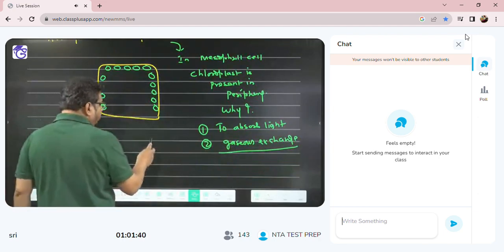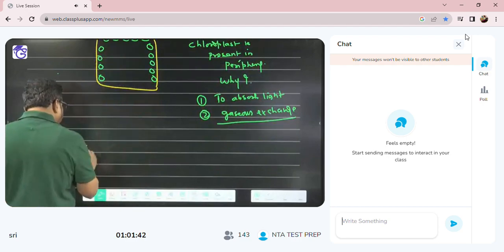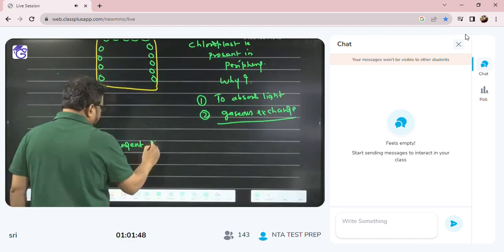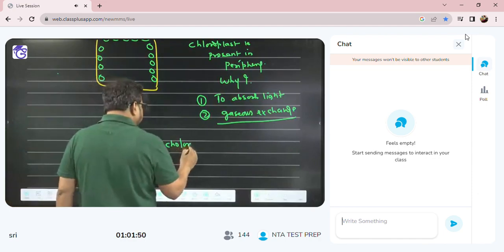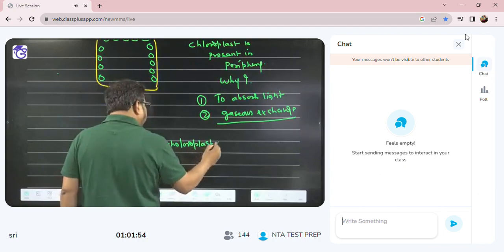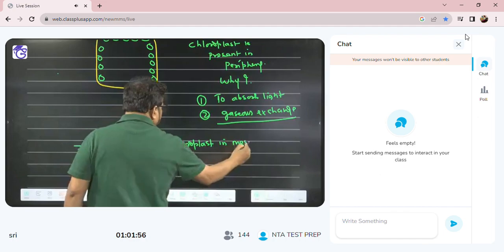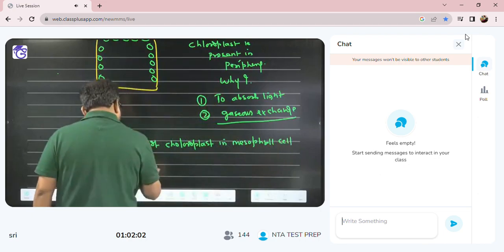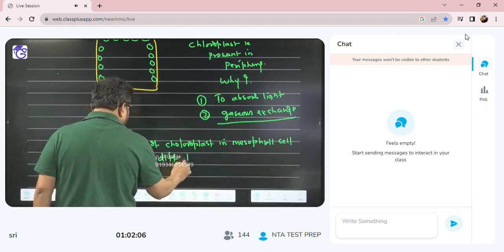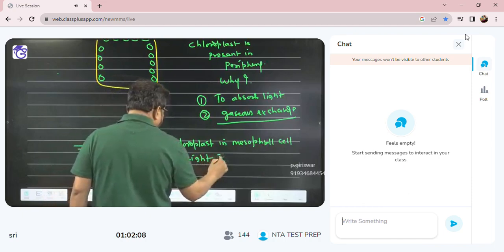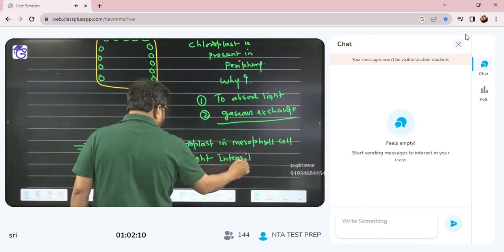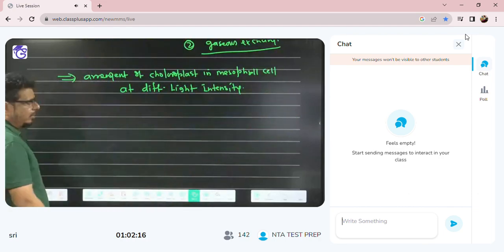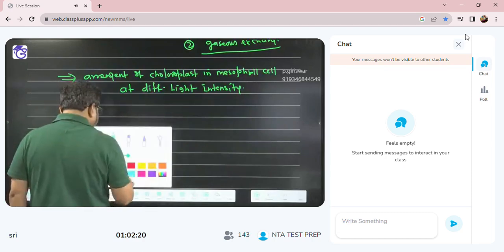Now I am telling you the arrangement of chloroplast in the mesophyll cell at different light intensity. At different light intensity, the arrangement of chloroplast in the mesophyll cell is different.